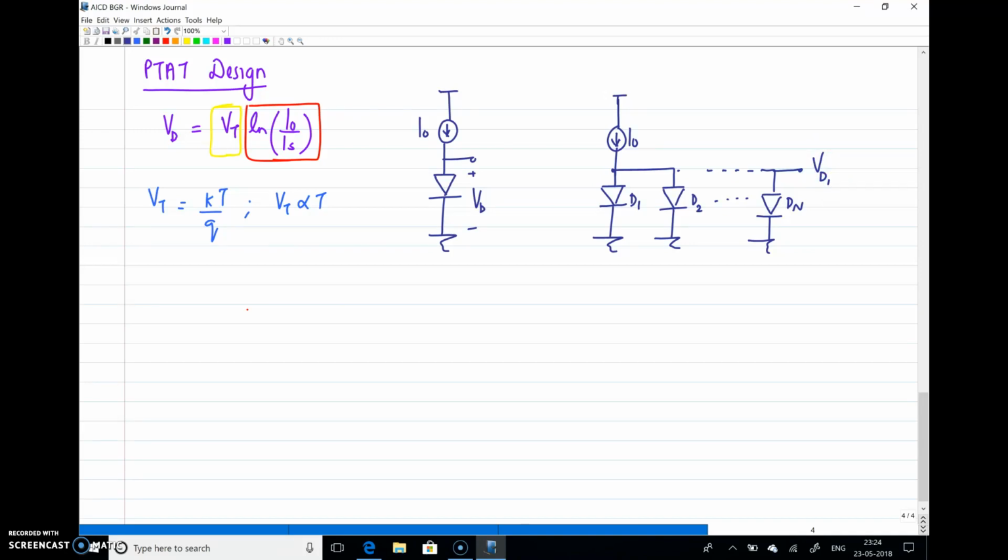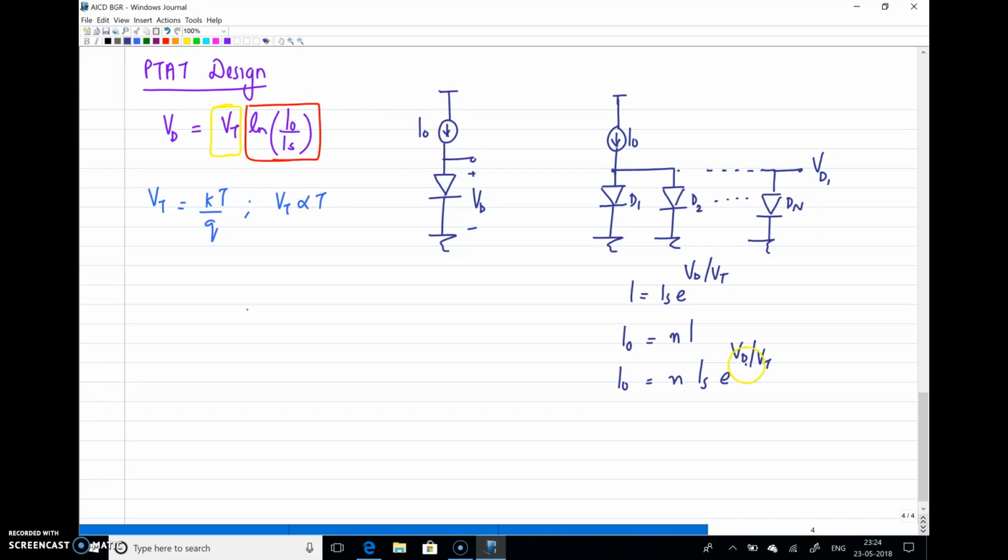Now the current through any diode, as we have written, is I equal to Is into e to the power Vd by Vt. That is the current through a single diode. Now the total current here is I0, which is divided among n diodes. So I can write I0 is equal to n times I, or I0 is equal to n into Is into e to the power Vd1 by Vt.